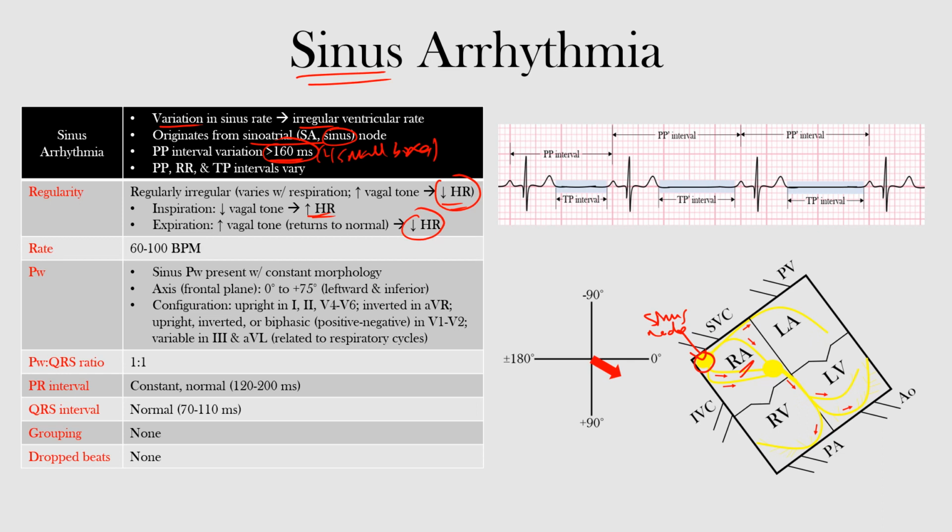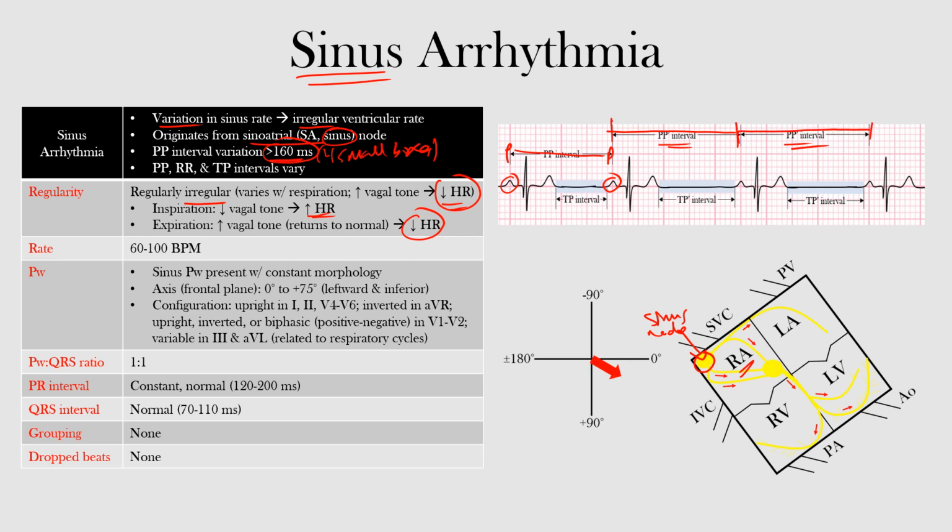And we said this is an irregular rhythm, okay, because if we were to measure our intervals out, you would see from this P wave to this P wave, so this is our P wave and this is our next one, that interval from P to P is different from the one that follows. But this P to P interval, P to P prime we're calling it, is the same as the one that follows.